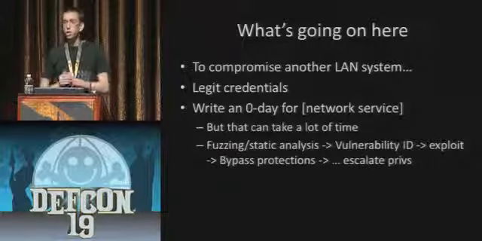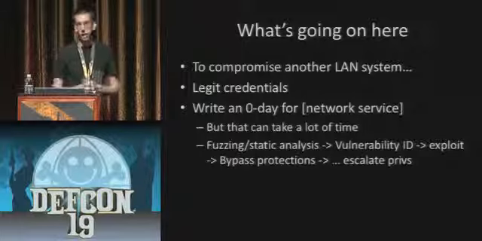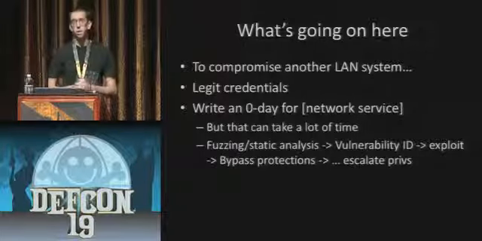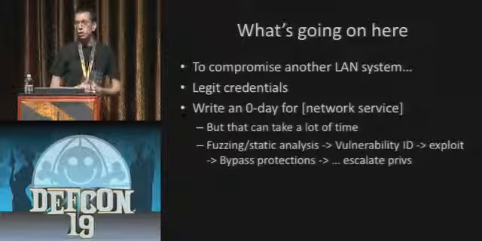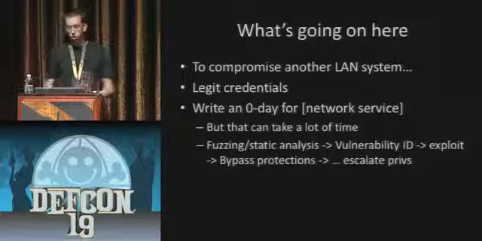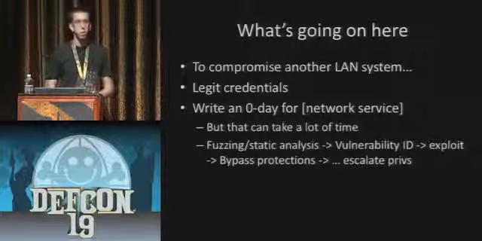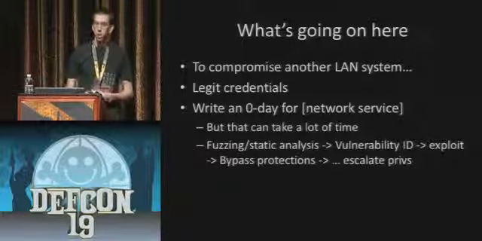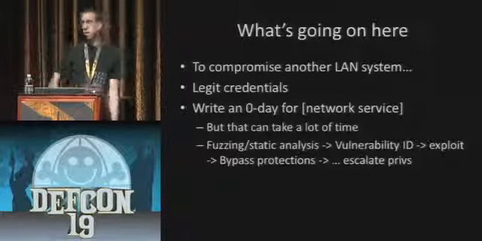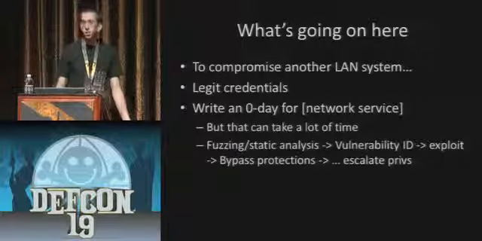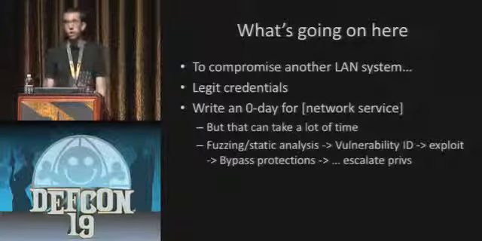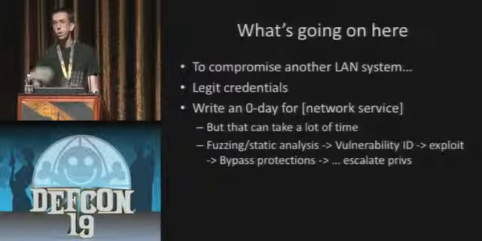You need to compromise other systems on the network to get what you want. They may be different operating systems. They may be harder. Currently, you may do a lot with abusing legitimate credentials. So maybe you've gotten credentials from keyloggers, or maybe you could escalate privileges and dump hashes. That's an option. But if that isn't working out for you, you've got to somehow use another method to take over this other system.